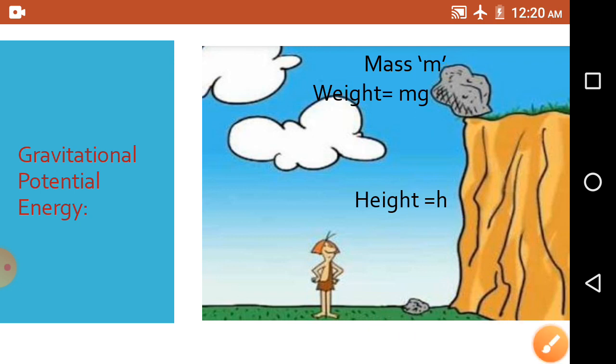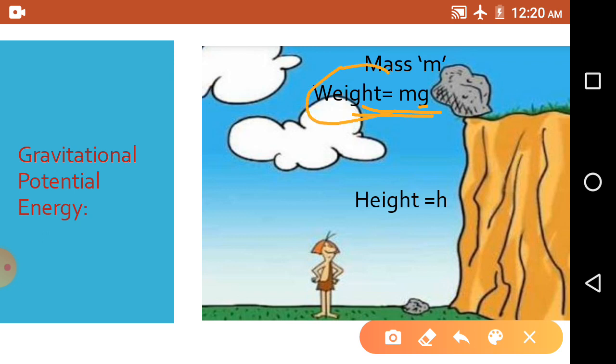You all know that every object has some mass and some weight, and the weight is written as m into g. Remember that this weight is always equal to m into g. Here g is the acceleration due to gravity, and this weight is actually the force that is exerted by the object toward the ground.